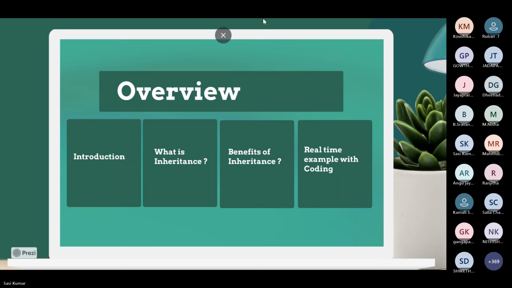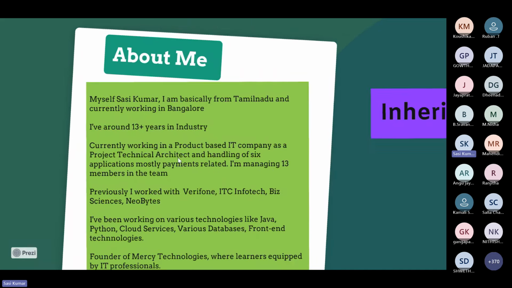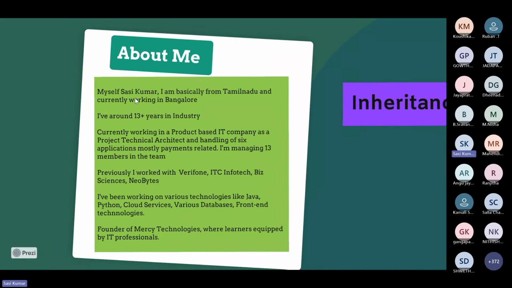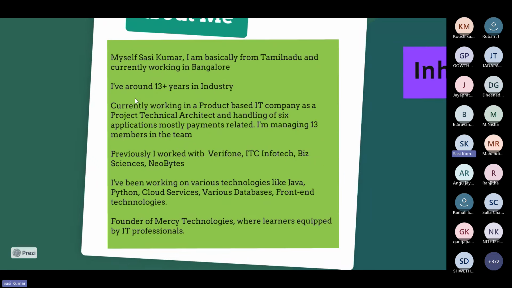Before starting, I would like to introduce myself. I am Sashi Kumar, and I'm basically from Tamil Nadu. Currently, I'm working in Bangalore. I'm a software engineer by profession with around 13 plus years of experience. I worked in various organizations like Verifone, ITC Infotech, Biz Sciences, Neobytes. Currently, I'm working in a product-based company as a project technical architect.